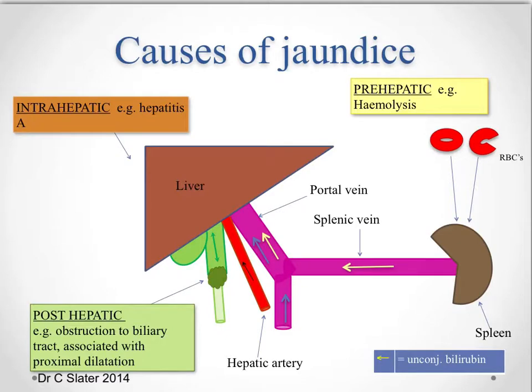The first one over here, the prehepatic cause, is a result of the breakdown, for example, of many red blood cells producing porphyrin pigments, which are then extracted through the spleen from the breakdown of the red blood cells for whatever reason, and that unconjugated bilirubin is then carried off through the portal system to the liver.